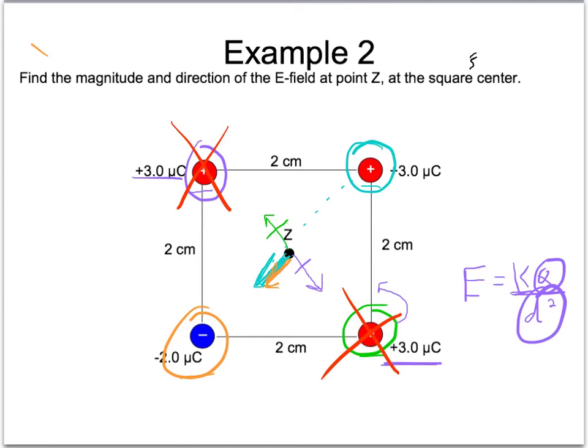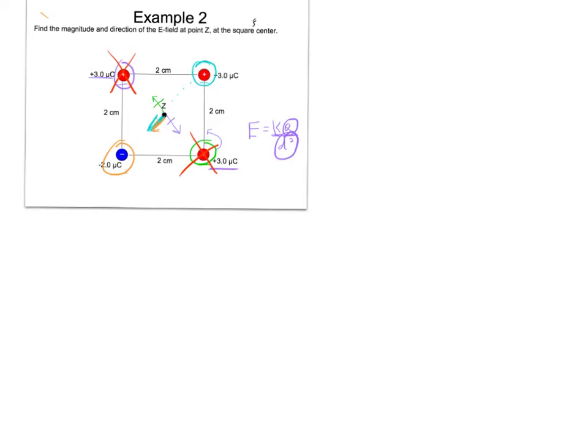And now we're just down to the last two. And so this won't be too hard. We'll only have to add 2 things together. However, we do still have to carry out the calculations for each, the teal and the orange. So starting with the teal charge, our electric field strength is kq over d squared.